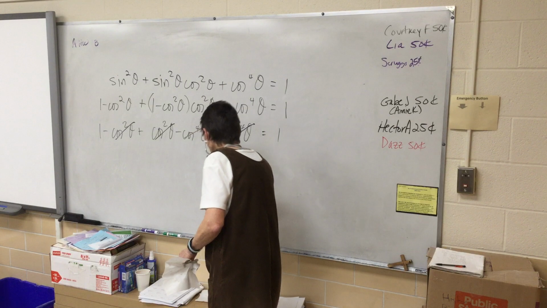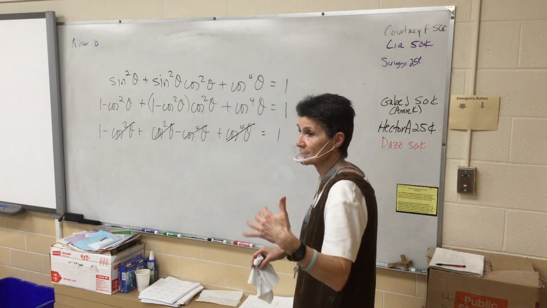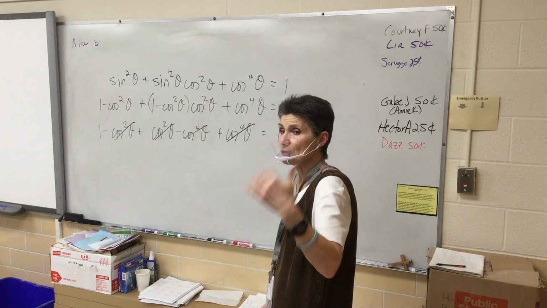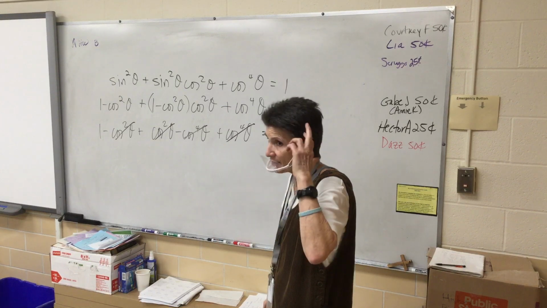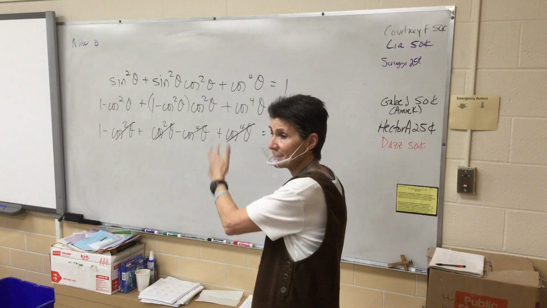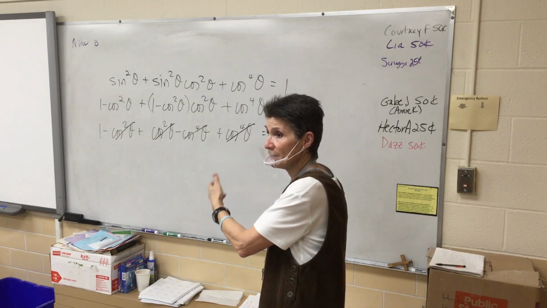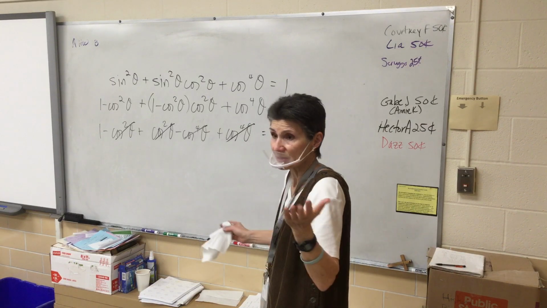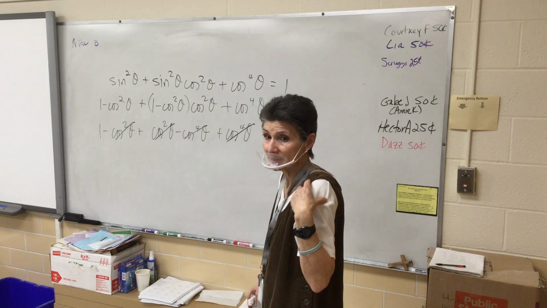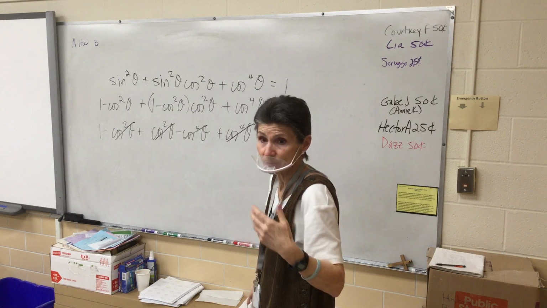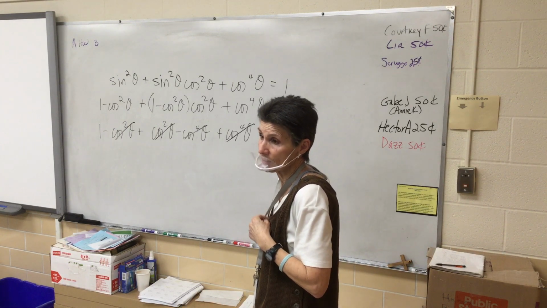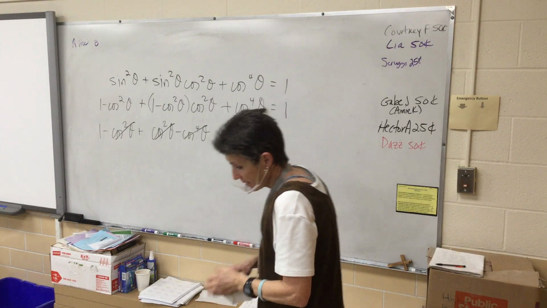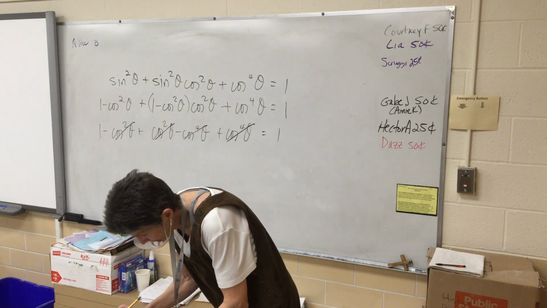The hardest part, a lot of times, is just getting started. Do you understand kind of the logic behind why we started this way? We had to get rid of stuff. So we made them all the same, like terms, so we could add them and cancel. Okay, that's good.